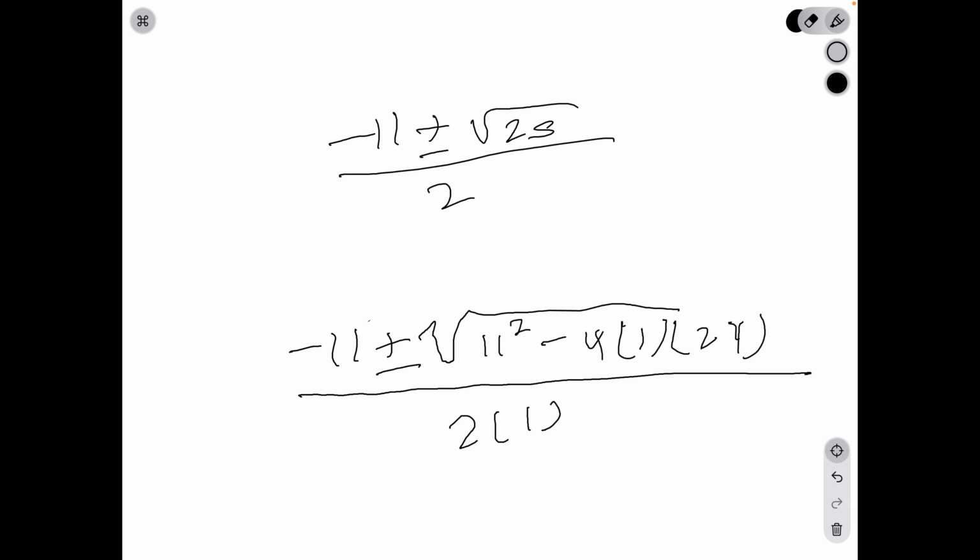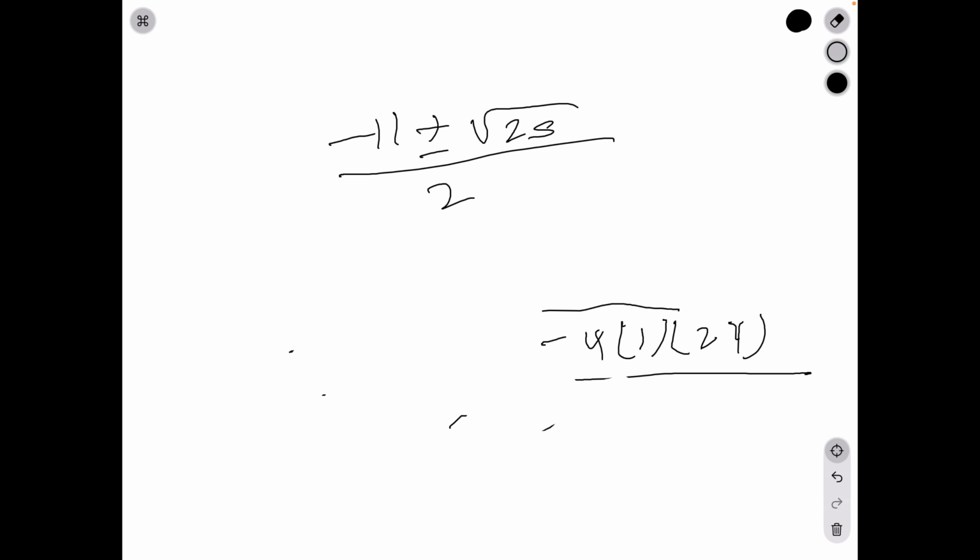Now let's work on solving. First, the square root of 25 is 5. Then we have to separate the negative 11 plus or minus the square root of 25, so we distribute the dividing by 2.